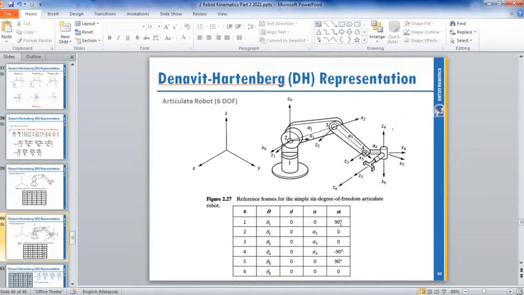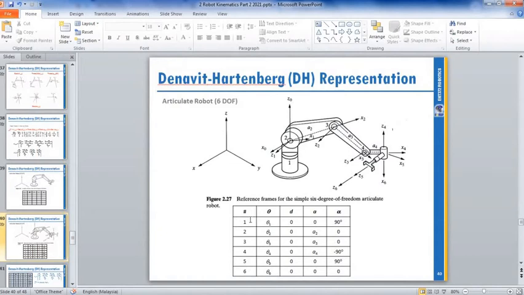And you can see here, your A and your alpha are related to the design of your robot. So how long is your robotic arm, what is the length of your robot link? You have 3 links here, and whether your joint is vertical or horizontal gives you the angle alpha.